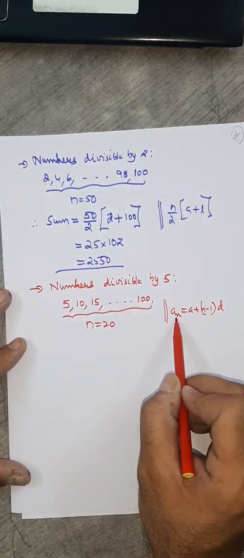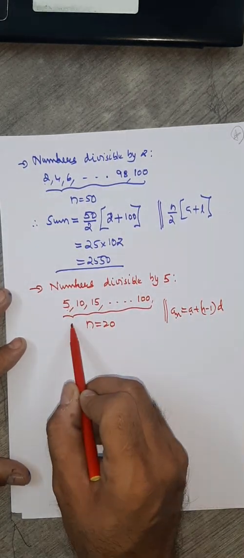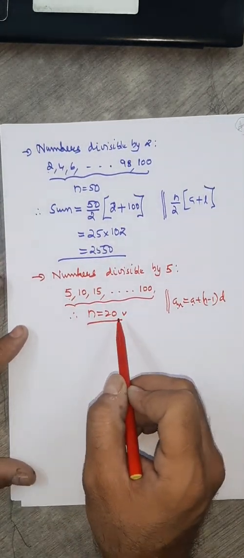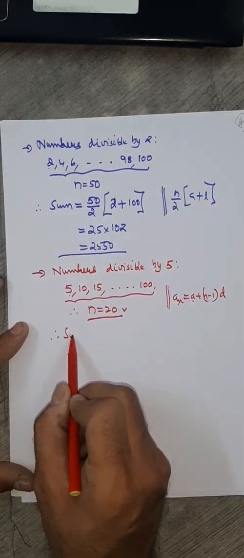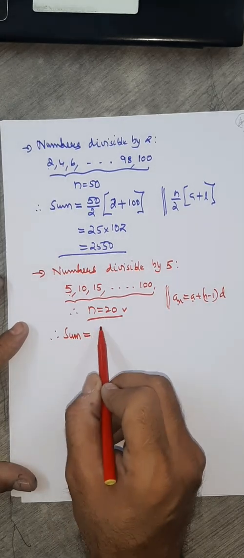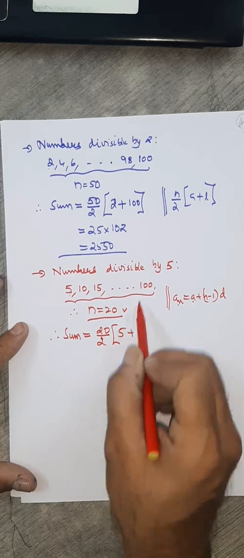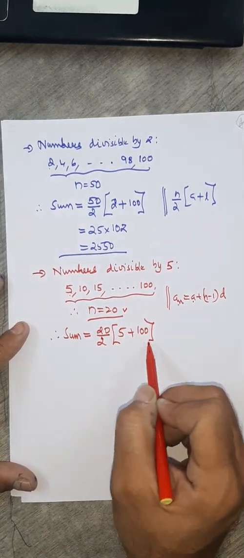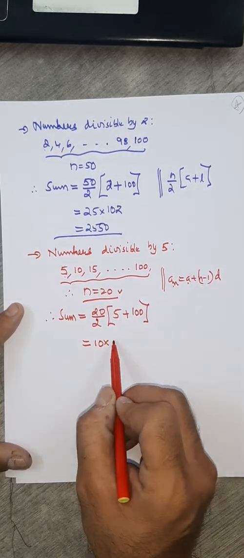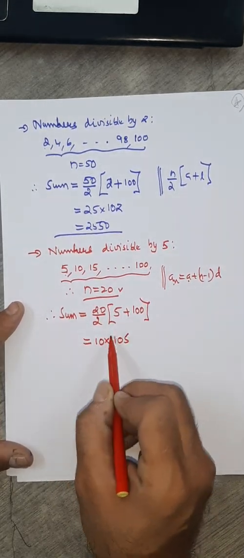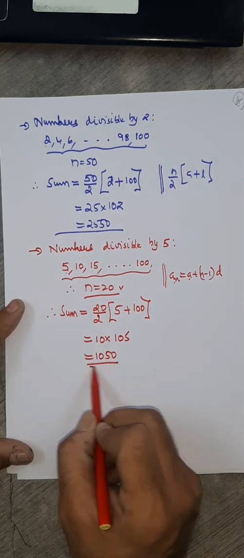Put an as 100, a as 5, d as 5. Simplify and you will get n equals 20. There are 20 such numbers. Therefore the summation equals 20 by 2 into A plus L, A is 5, L is 100. So we'll get 10 into 105, which is 1050.